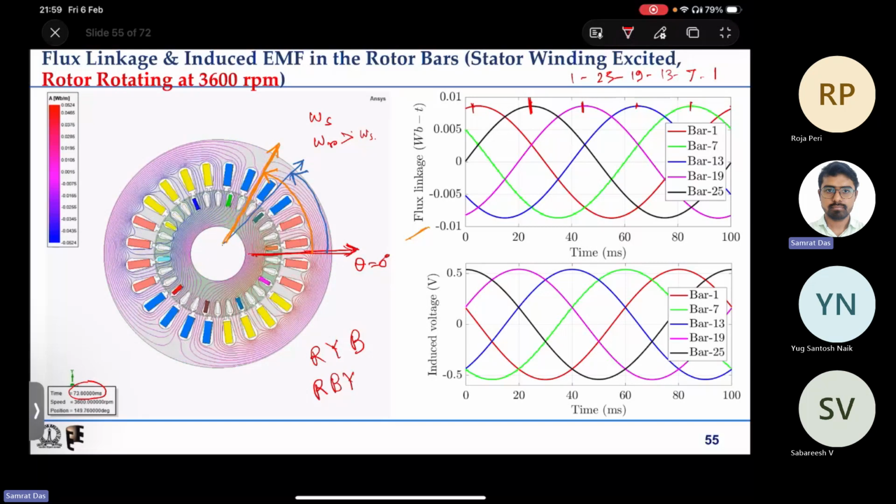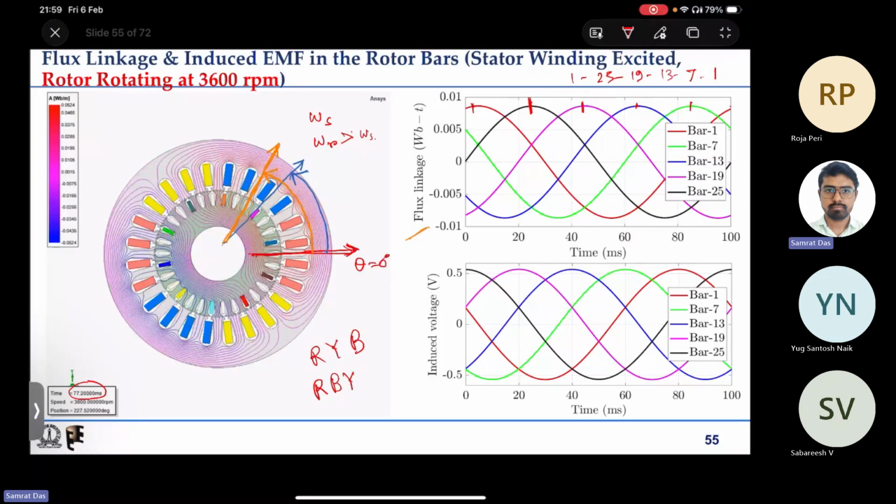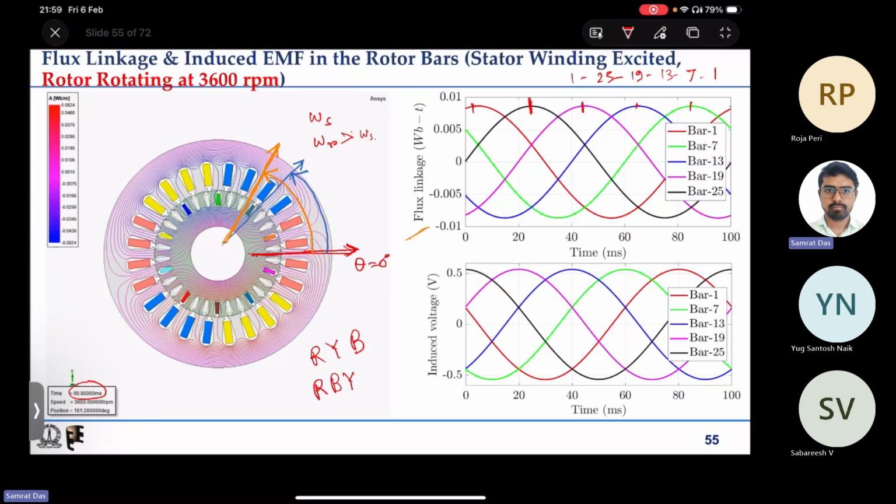In this case also you can see that in the bars, because I have plotted 5 bars here and total is 360 degree, so 360 divided by 5, that is 36 degree. They are phase shifted from each other by 36 degree, and this is the sequence.